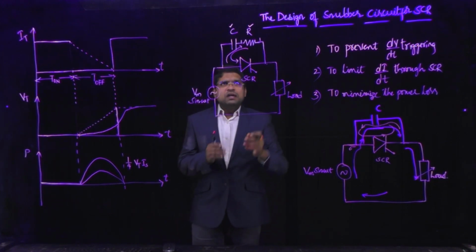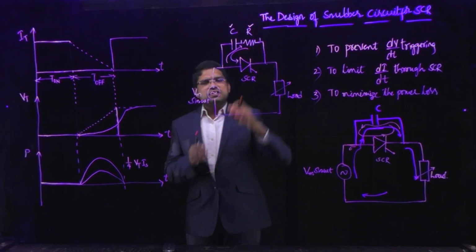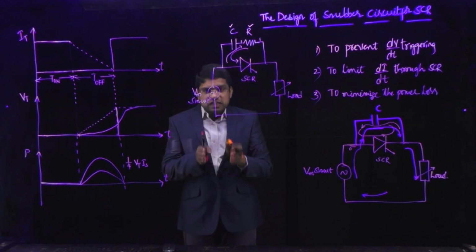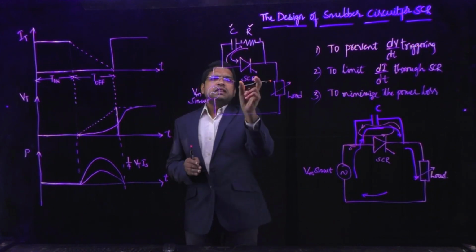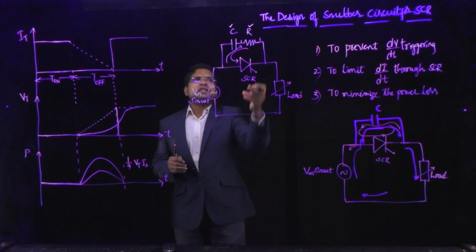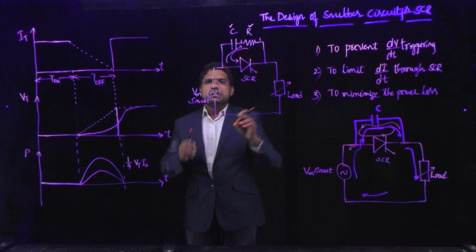Then we choose the value of resistance such that it provides a rate of change of current flowing through the SCR less than the specified di by dt rating of the SCR. This is how we can design the values of capacitance and resistance for a snubber circuit.